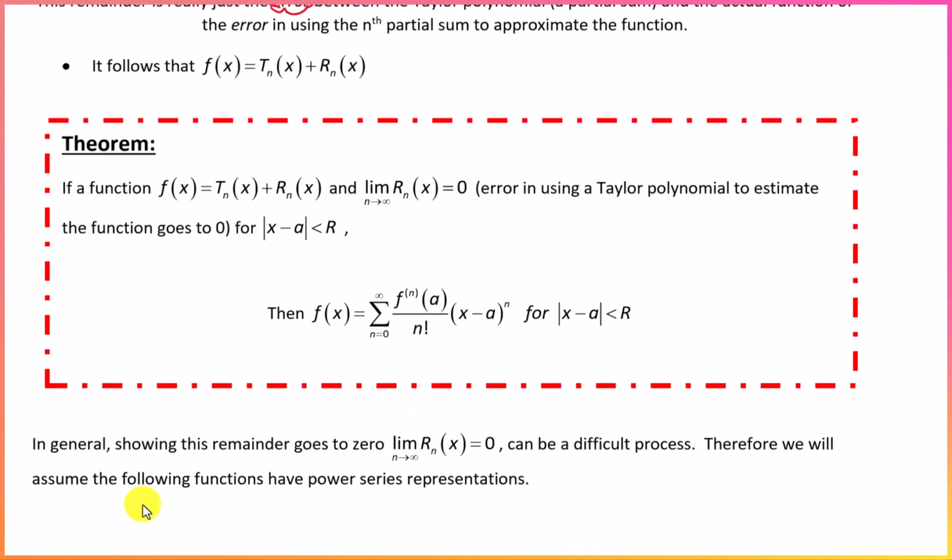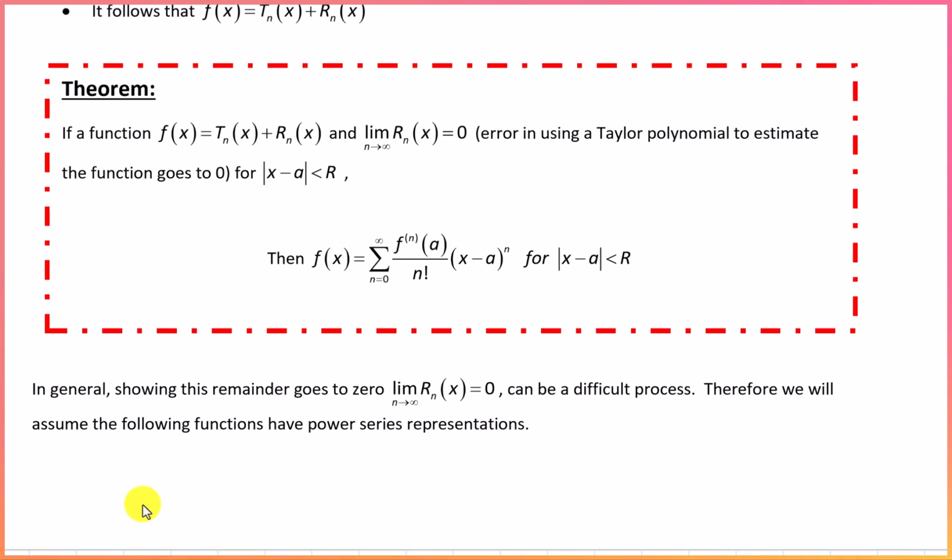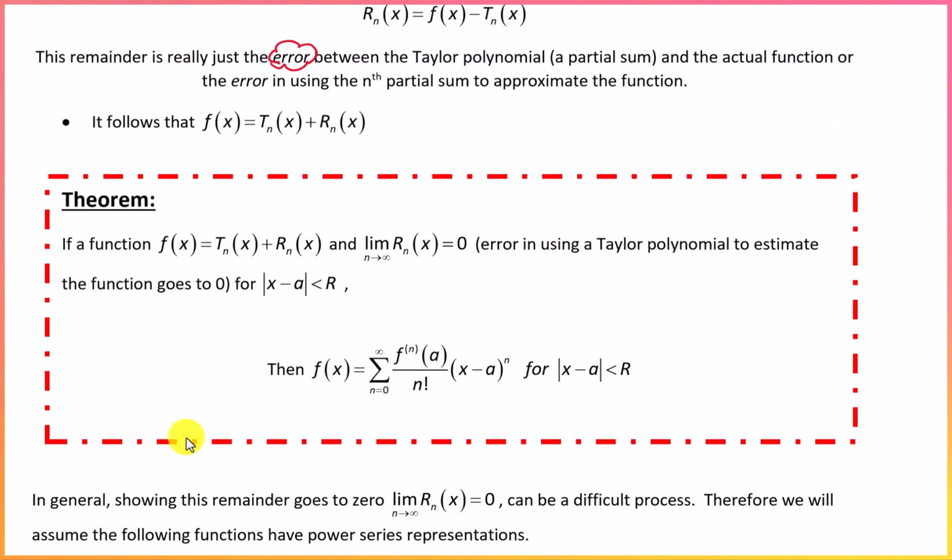Now, let me end this video by saying this. It is not actually very easy to show that this remainder goes to 0. That can actually be a fairly difficult process that we're not going to examine in the scope of this course. What we're going to do instead is just assume that our functions have a power series representation.